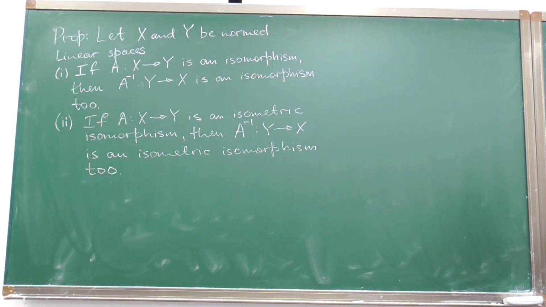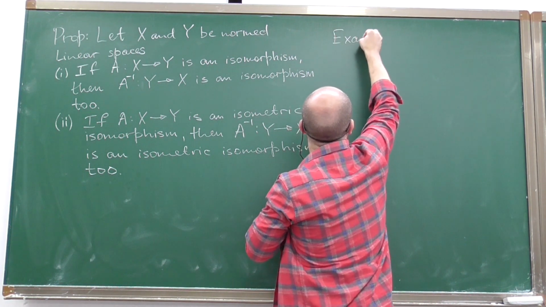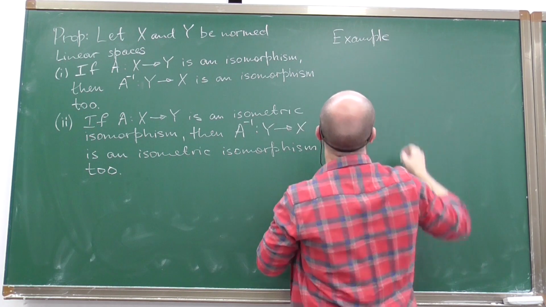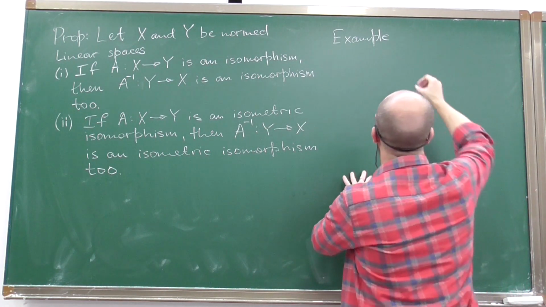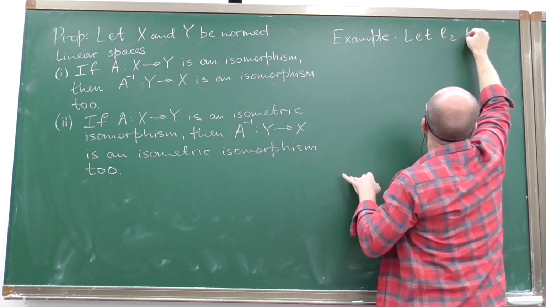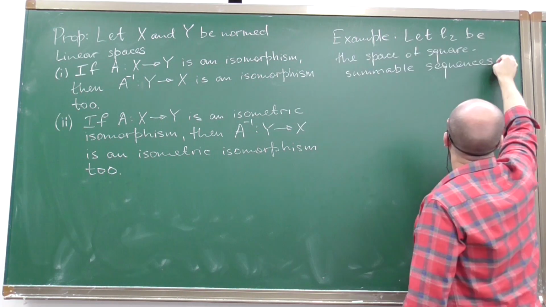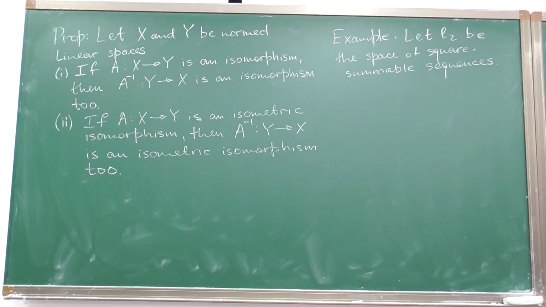I will finish this lecture with an example of shift operators on the space of sequences. Let L2 be the space of square summable sequences. And let us consider the left and the right shift operators on this space.